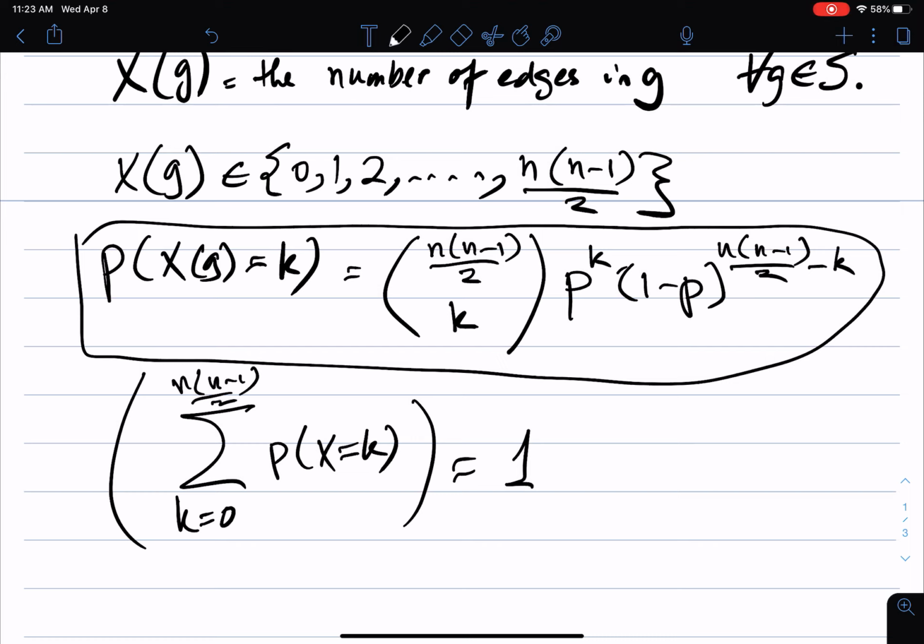Okay, so a random variable is a function that assigns a number to every element in the sample space, so to every outcome, and the probability distribution of that random variable is defined by the probability of that random variable taking on any of the possible values.